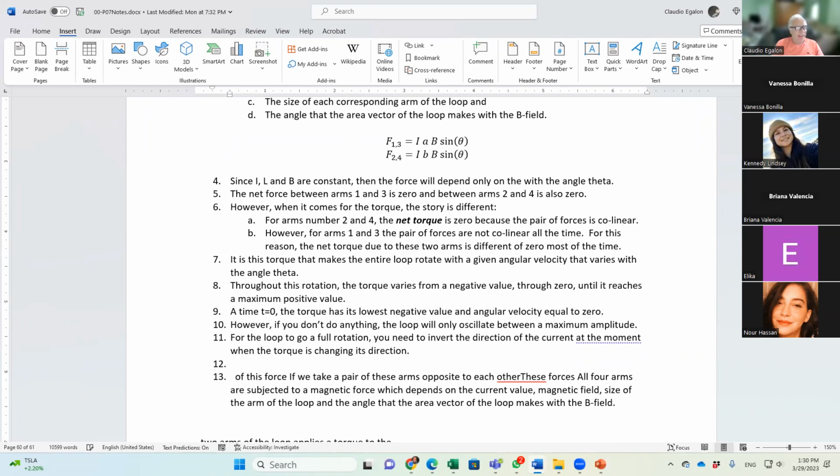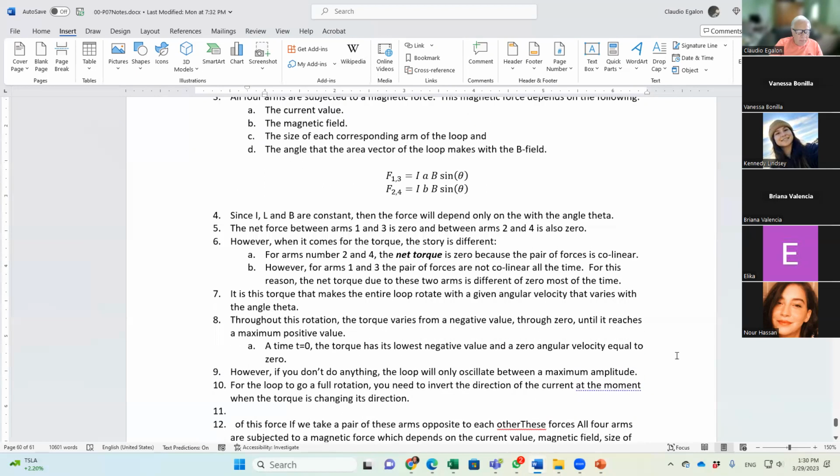So that's what it takes to understand that. We have all those steps that are all encoded there in the equations. At time t equal to 0, the torque has its lowest value, and a 0 angular velocity.